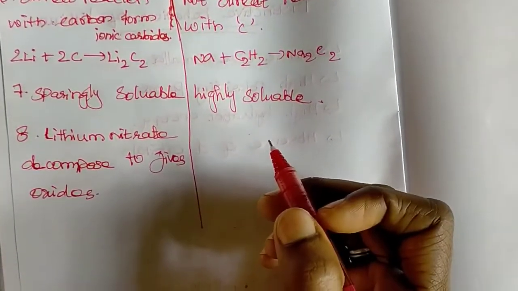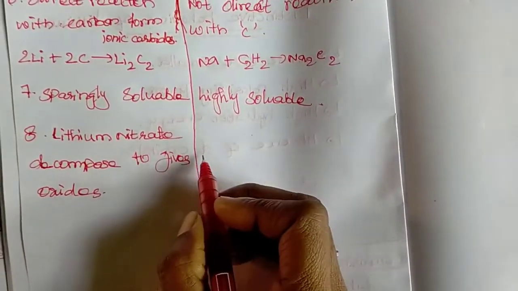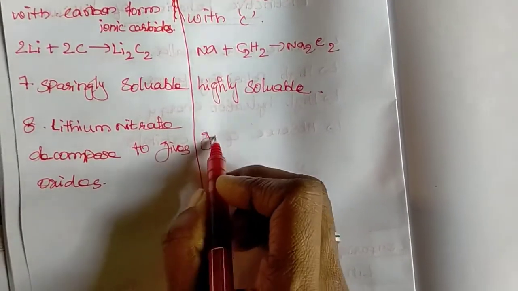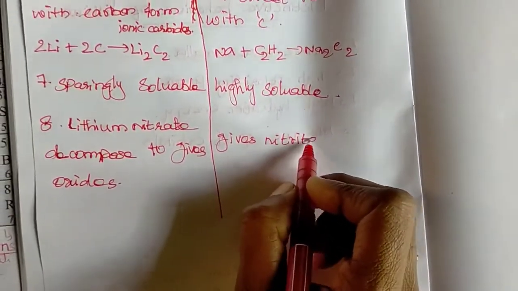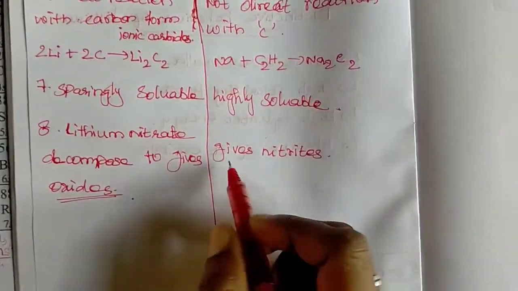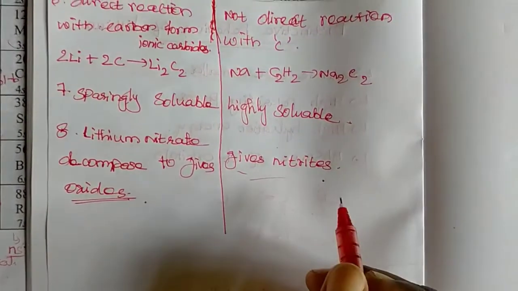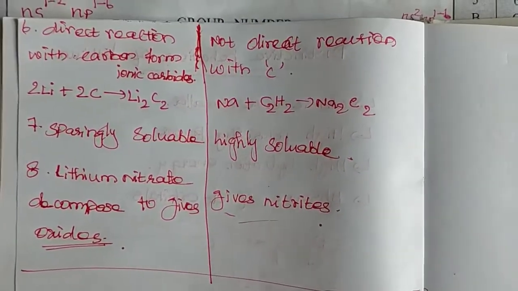Other nitrates decompose to give nitrites. They can give oxides, but they are nitrites. This is the difference between lithium and the other metals present in group 1.